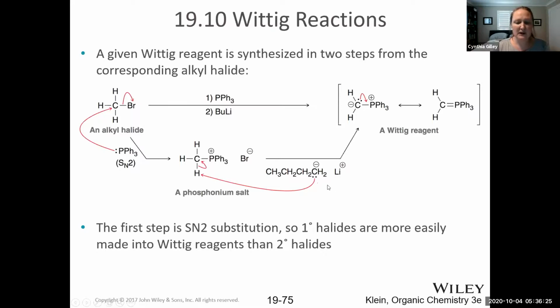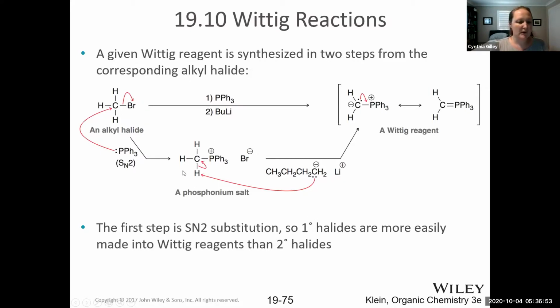With a Grignard reagent, we would have a carbon-magnesium bond, but a carbon-lithium bond is almost analogous, a polarized bond, and the carbon has significant anionic character. So not only is it a strong base, but also a strong nucleophile. So we would not be able to use this in the presence of a carbonyl, because it would just attack a carbonyl like a Grignard attacks a carbonyl.